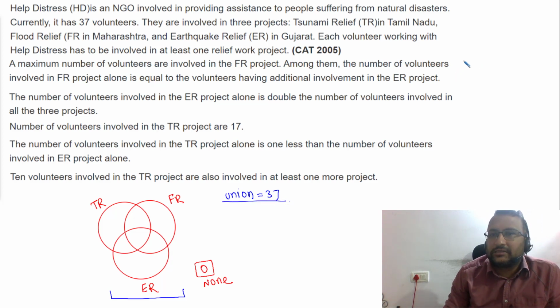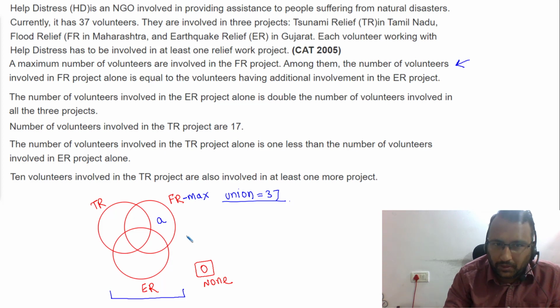So let's read this statement again, everyone. A maximum number of volunteers are involved in the FR project. Among them, the number of volunteers involved in FR project alone is, let's say, A. It's the same as the number of volunteers having additional involvement in the ER project.